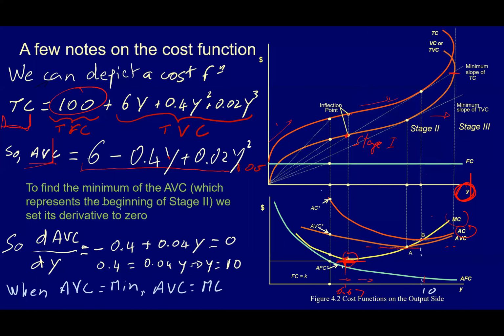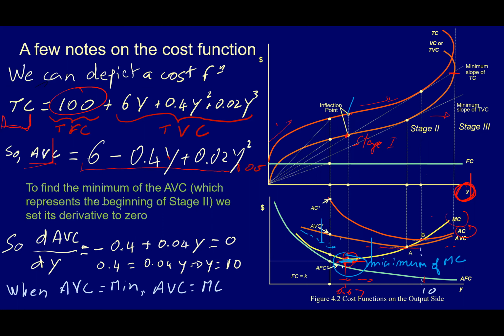And of course, from our production function, we can derive the different points. First we have the inflection point, that is nothing but the minimum of the marginal cost, right? Because at the inflection point, first we have cost that is decreasing due to increasing returns to scale.